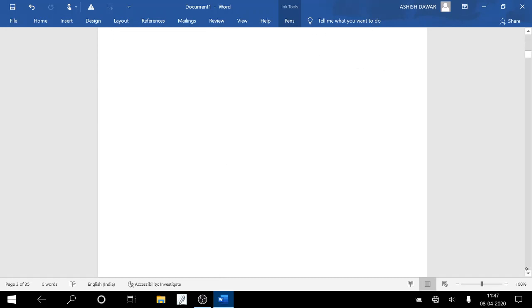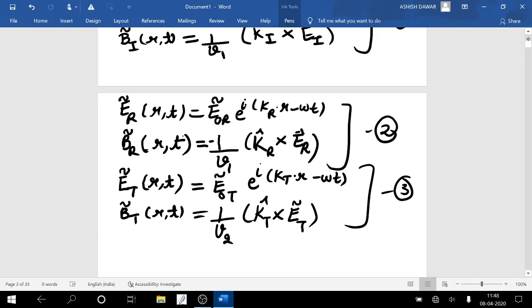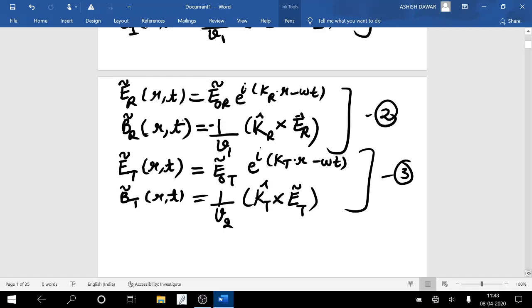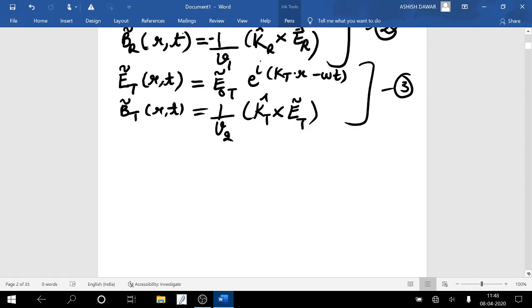All three waves have the same frequency omega. So the three wave numbers are related by the equations ki V1 equals kr V1 equals kt V2, which equals the frequency omega.